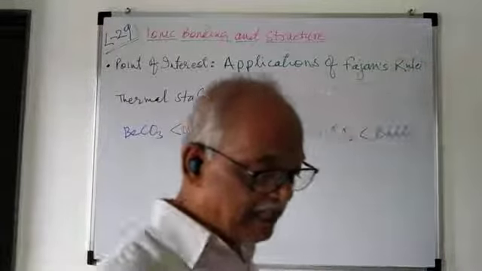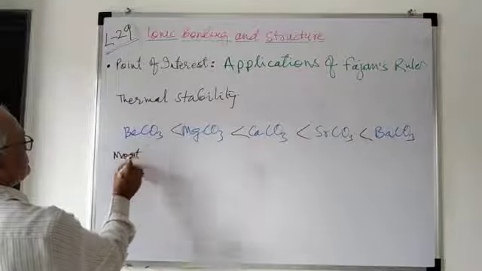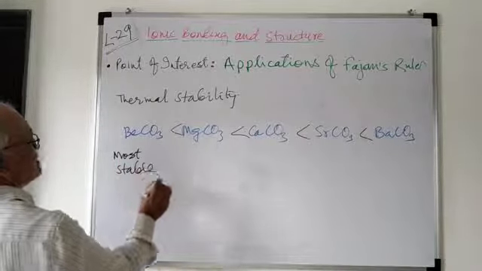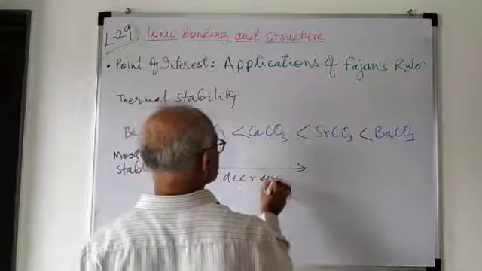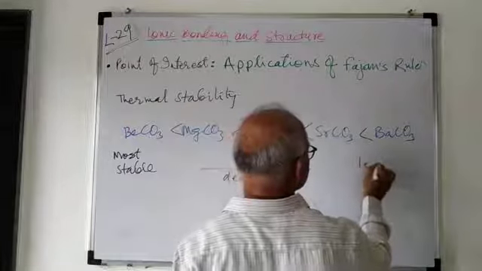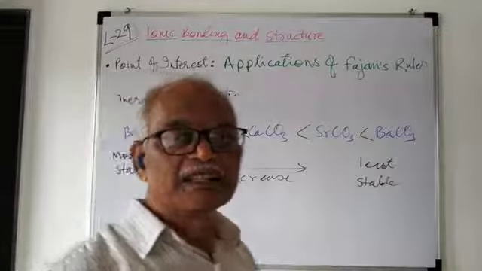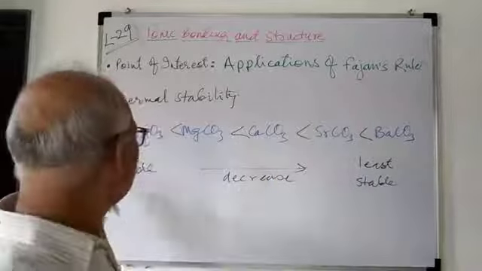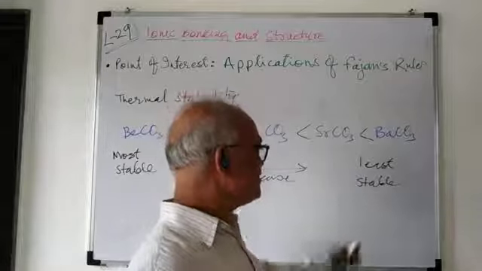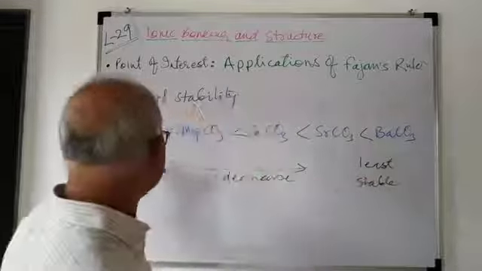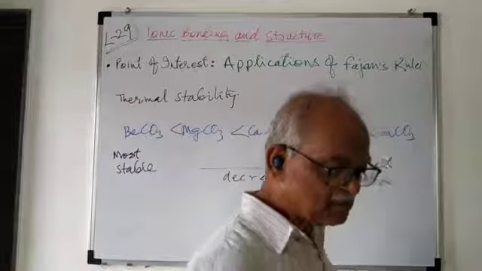The thermal stability is highest here, it is most stable, and it decreases in this direction, and this is least stable. It means after heating, carbon dioxide will be eliminated easily in the case of barium carbonate, so it is thermally less stable, whereas this is more stable. In this way we can explain the thermal stability.